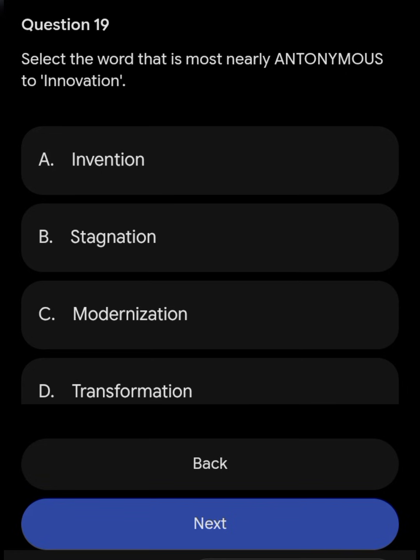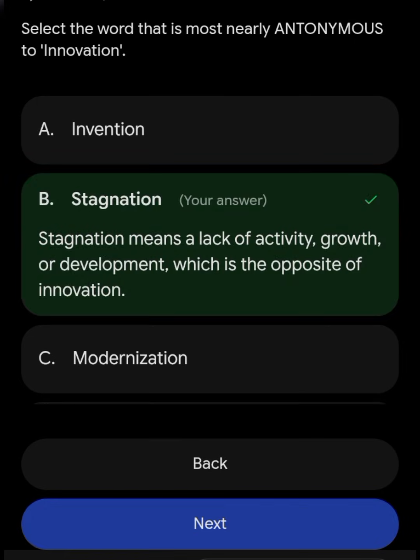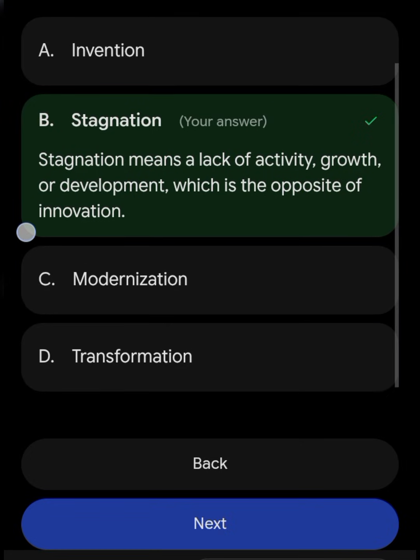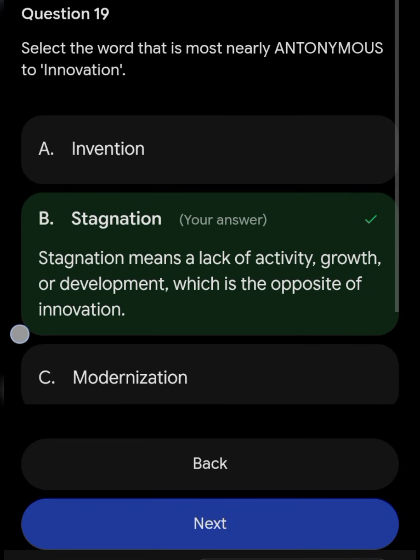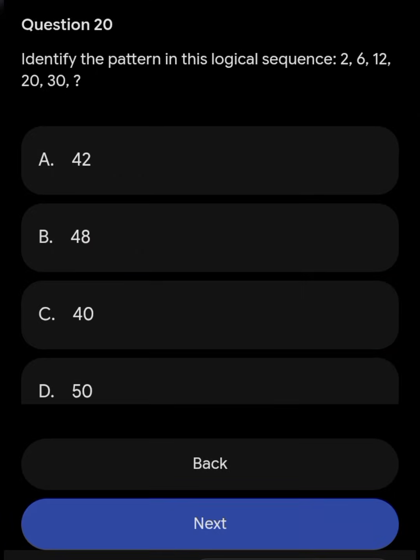Now the next one, antonyms. Innovation means we innovate new things, so the answer should be opposite to that. Invention, modernization and transformation are synonyms only, so let's look at the next.